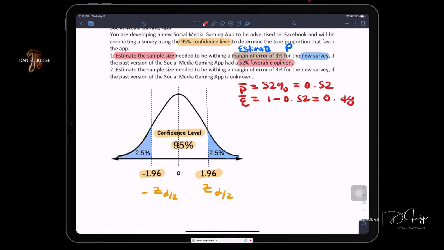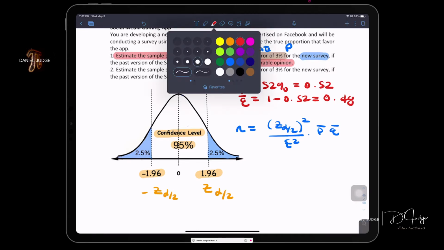So we're going to use that. Now, the formula, again, for estimating the sample size is Z alpha over 2 squared over E squared times the sample proportion times the complement of the sample proportion. We're estimating N right here.